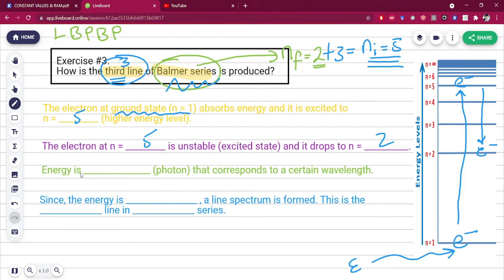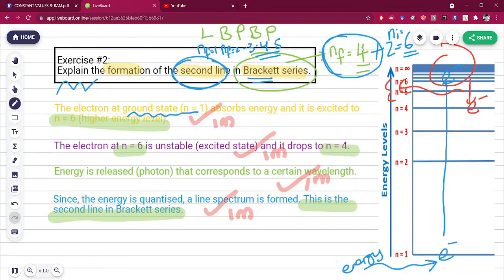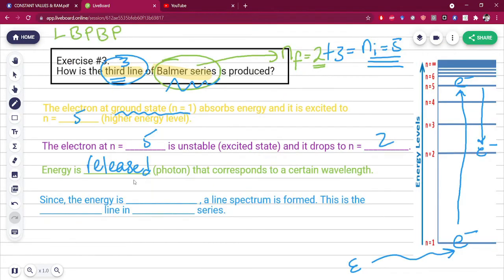The energy is what? Photon. The energy is released, just like what we have done right over here just now. The other word for released is emitted; you can use that one as well. That corresponds to a certain wavelength.